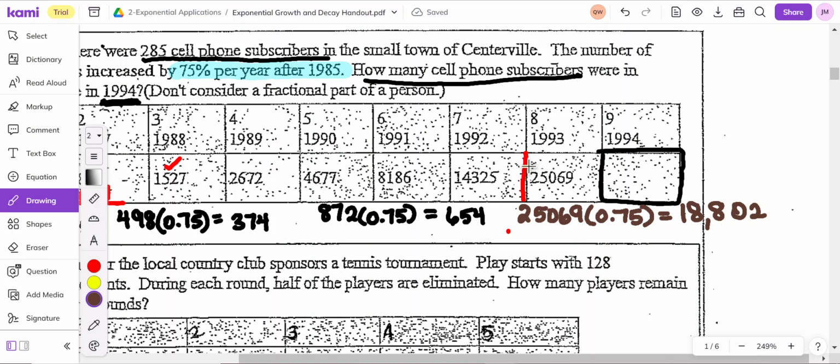So now this number, since it's getting kind of a small space here, we need to add the 18,802 to the 25,069. So, okay. So when you add those two together, 43,871?